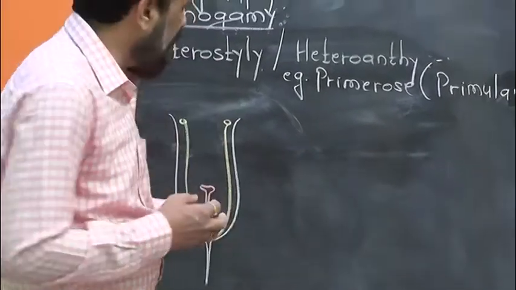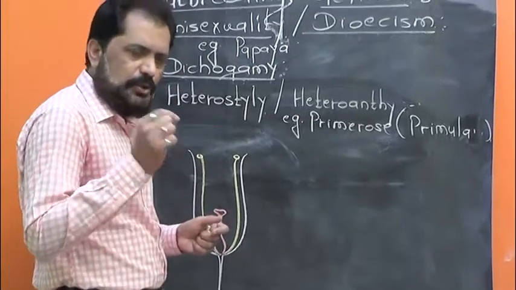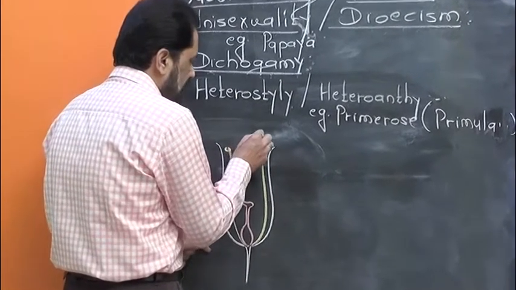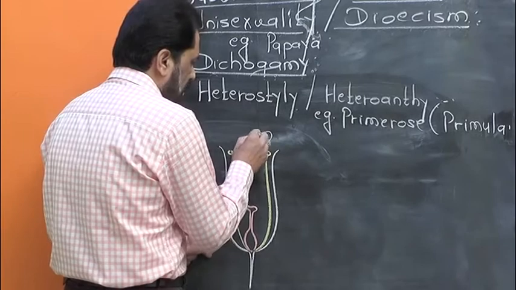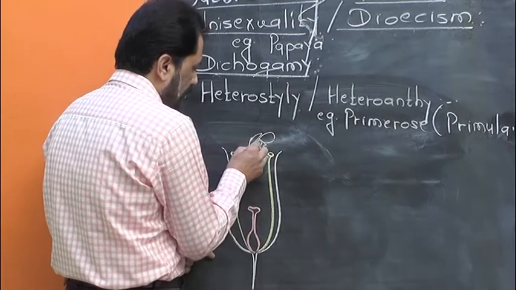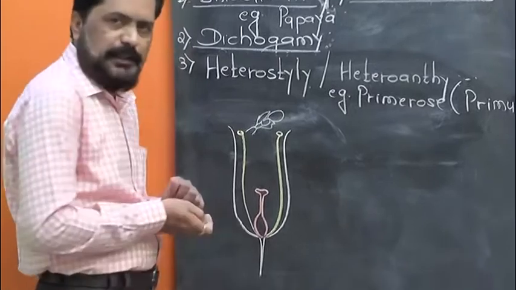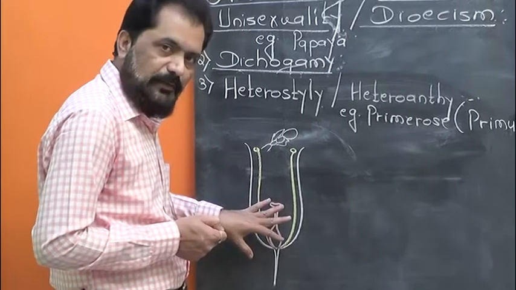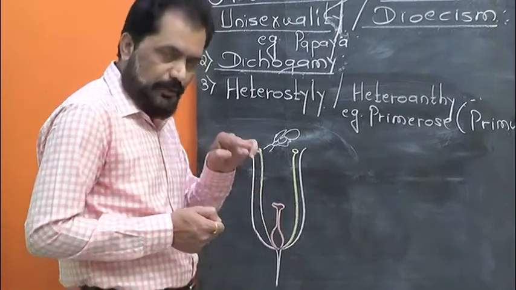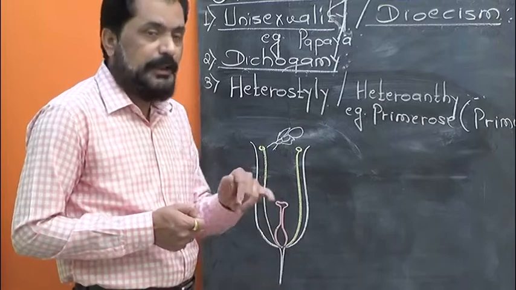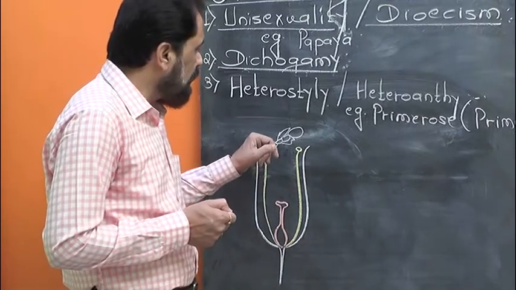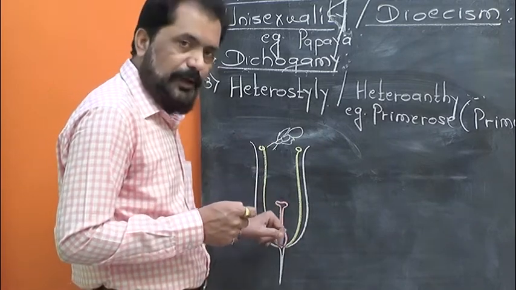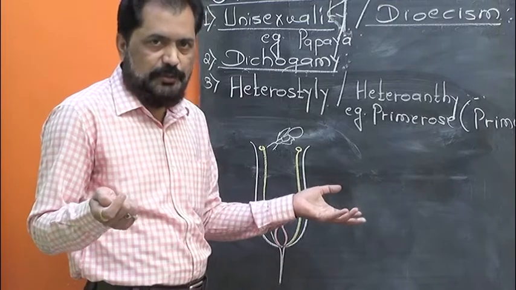Suppose here is the insect, this insect having a short proboscis, so definitely its proboscis can come in contact with the anther of this flower but not the stigma of the same flower, and hence whatever pollen grains get stuck to this proboscis cannot be deposited on the stigma of the same flower, so self-pollination is not possible.